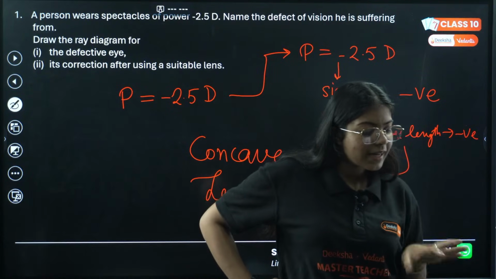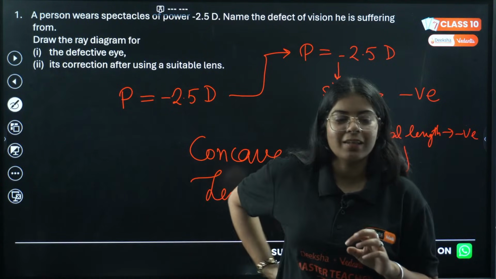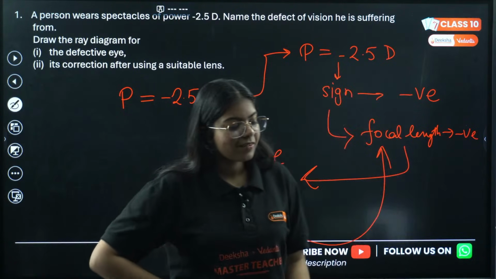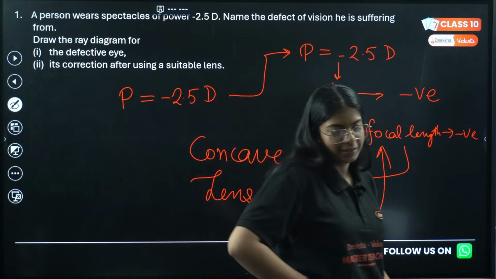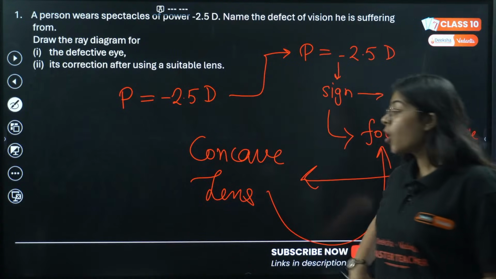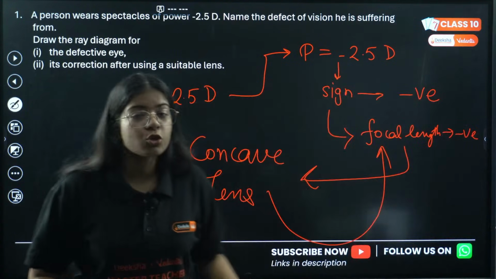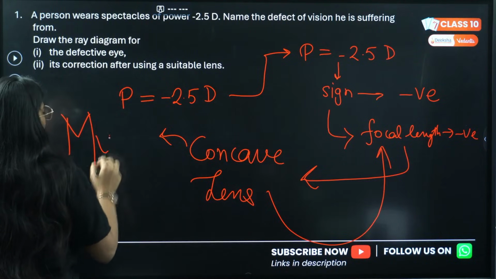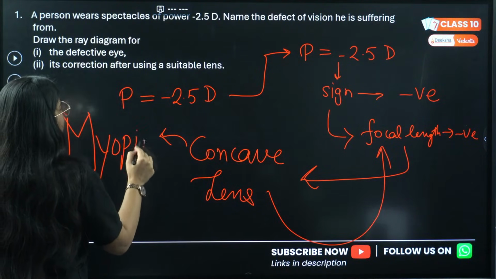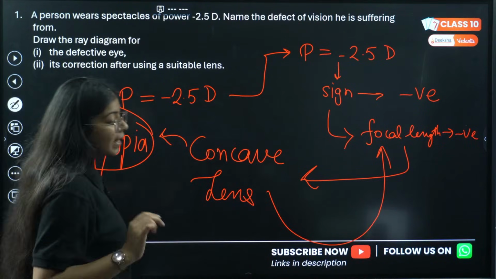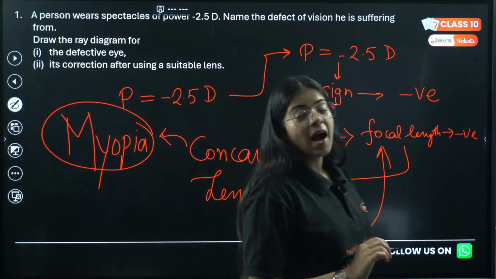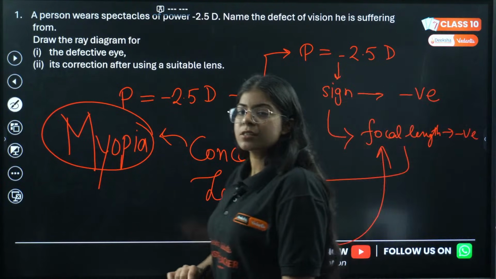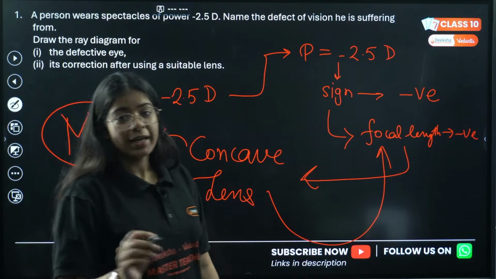Trev is saying hypermetropia. Stick to one thing. One of these is true, definitely. So a concave lens is used to correct myopia. Myopia is where you can see near objects clearly, but far ones are blurry. So we use a concave lens to correct this defect.